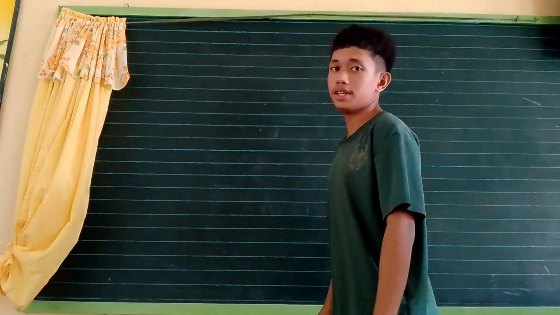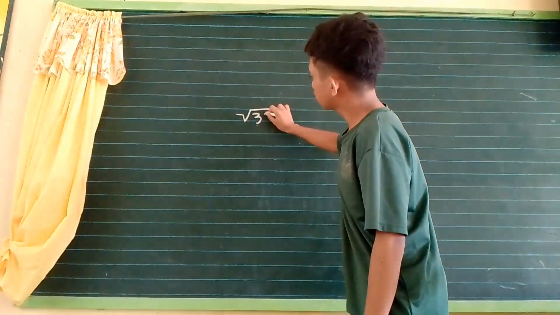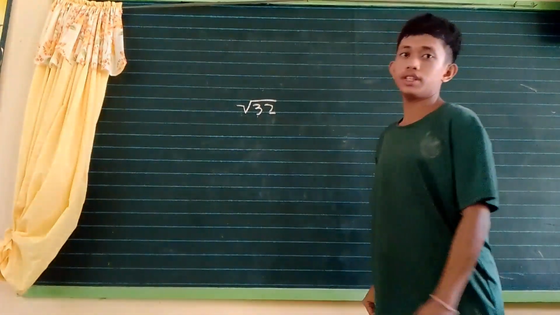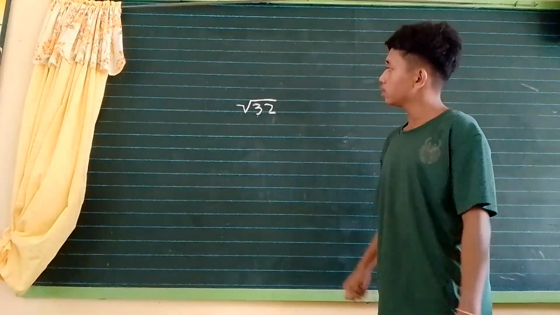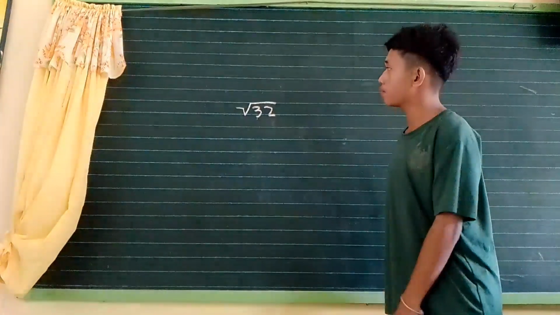The second problem is the square root of 32. Now the question is, how can you solve this if 32 is not a perfect square?